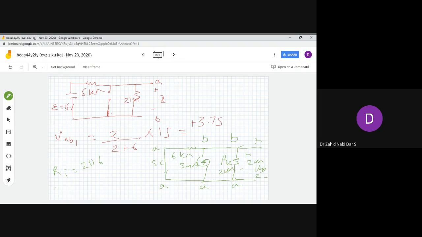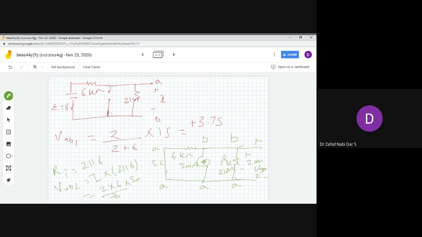So your voltage VAB2 would be equal to I into 2 parallel 6. You know the value of I, it is given in the network. The value of I is 5 milliamperes. So this would be nothing but 2 into 6 divided by 2 plus 6, that is 8, into 5 milliamperes.